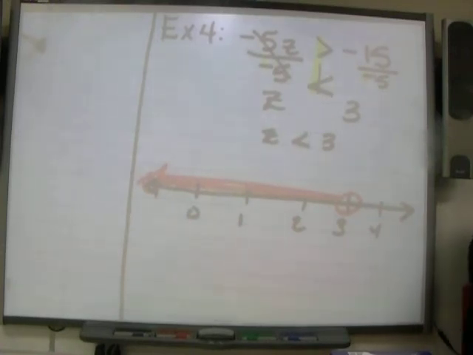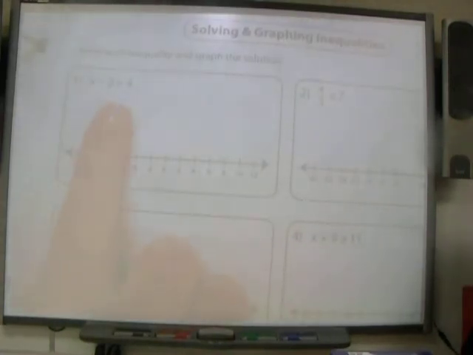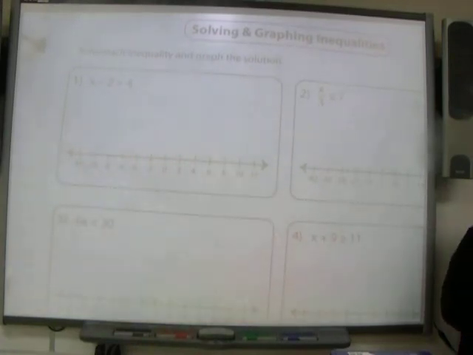Okay, the practice that I have for you is solving the inequality, which they are going to ask you to do on the end of grade test. They will not ask you to make your own graph for the solution set.